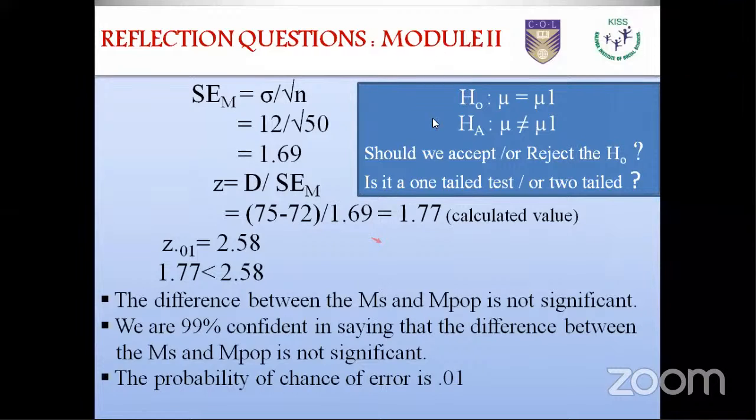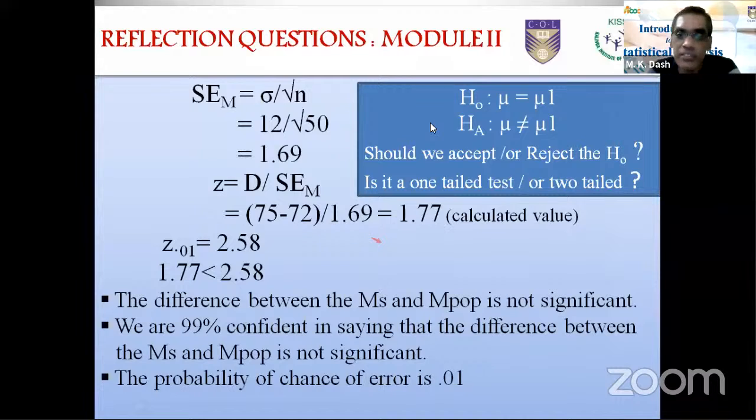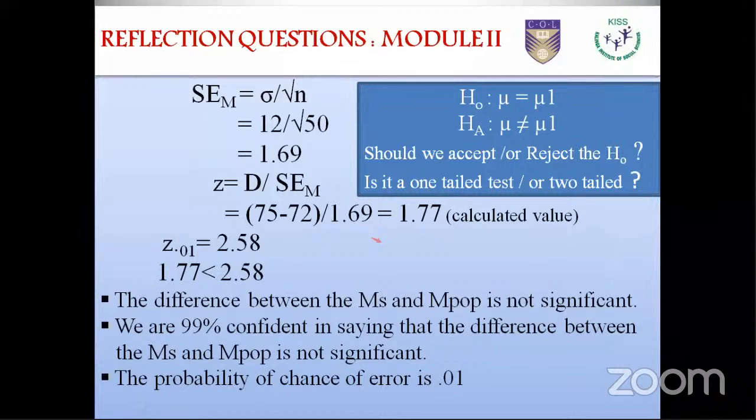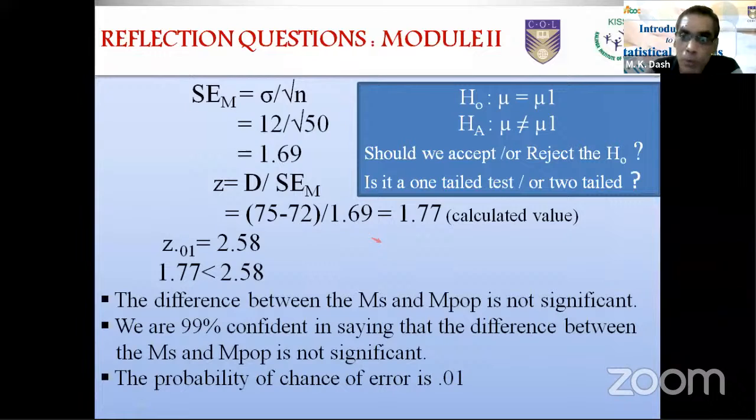How could it be a one-tailed test? It is not. Look at the alternate hypothesis: mu is not equal to mu1. The chance is that mu may be greater than mu1, or mu may be less than mu1. The population mean may be greater than the sample mean, or smaller than the sample mean.